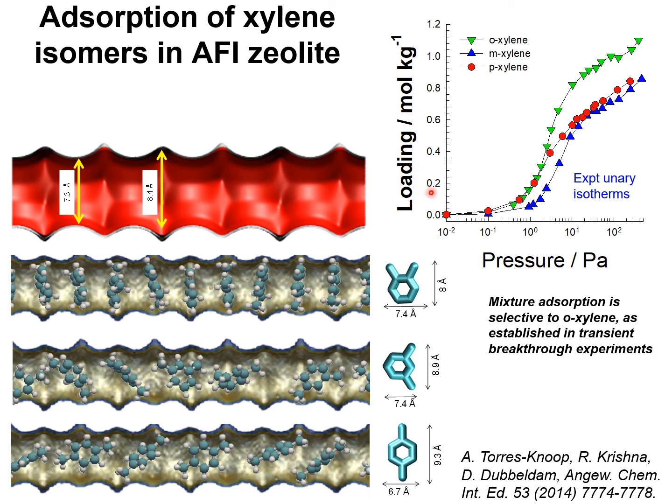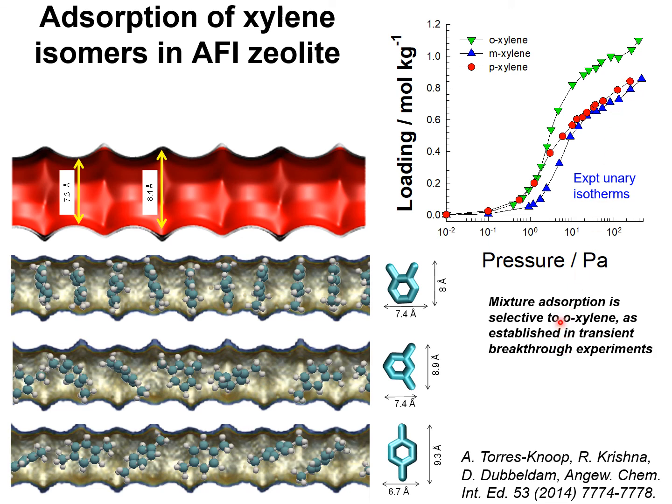Experimental data on the unary isotherms for ortho-xylene, meta-xylene, and para-xylene confirm that the saturation capacity for ortho-xylene is significantly larger than for the para and meta isomers.